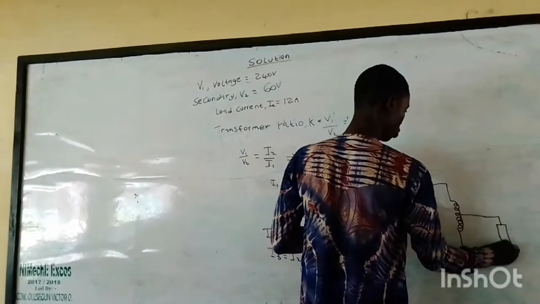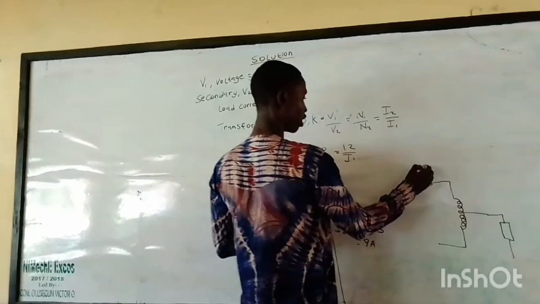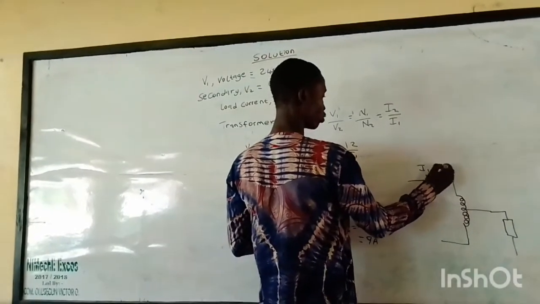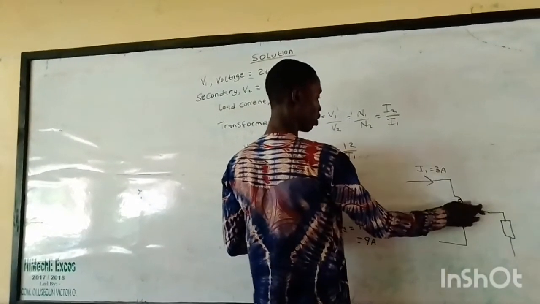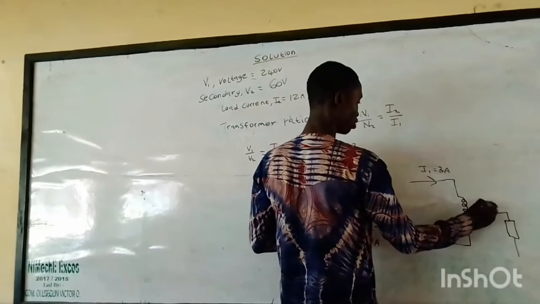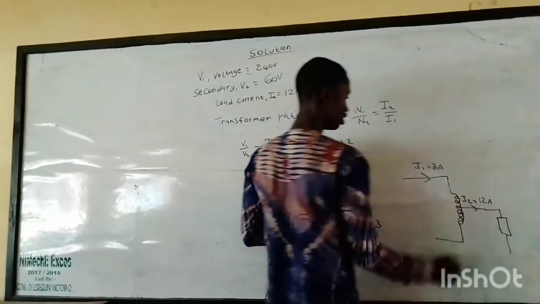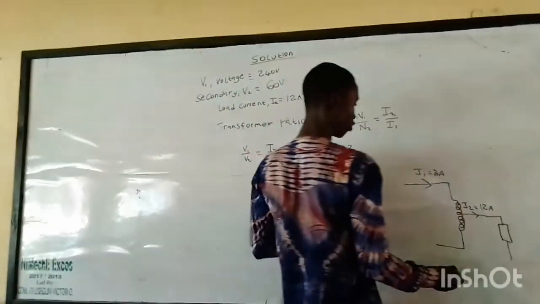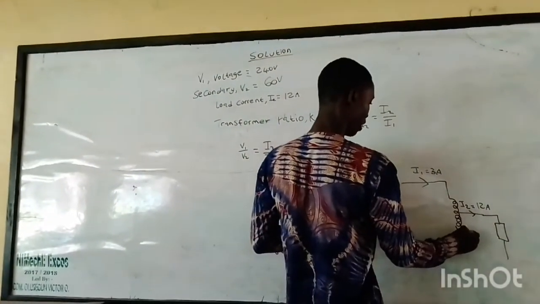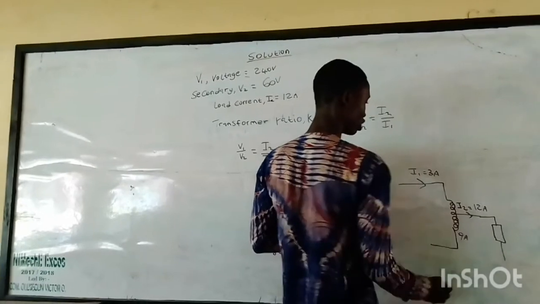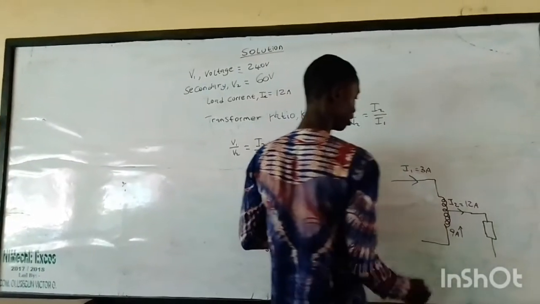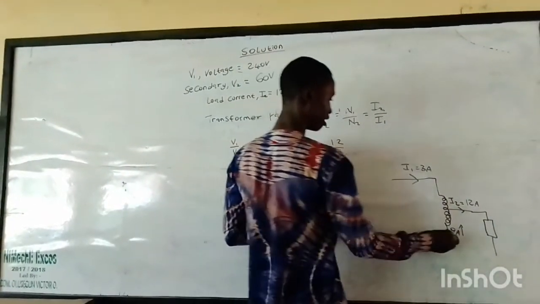So this is our current I1, which is equal to 3 ampere. This is where our load current applies, I2, which is equal to 12 ampere. This is our load current. And from here, we have our 9 ampere, which is I3. I3 is here.